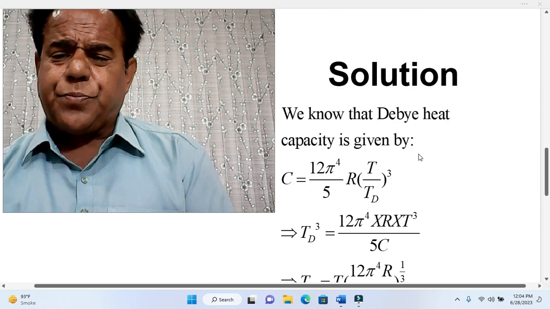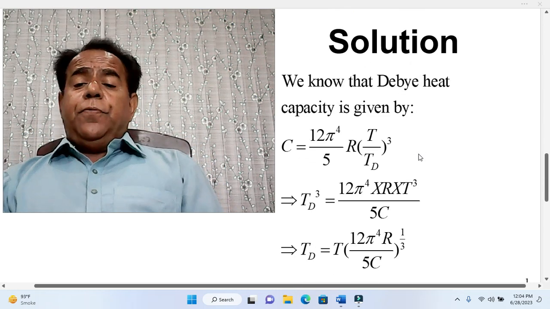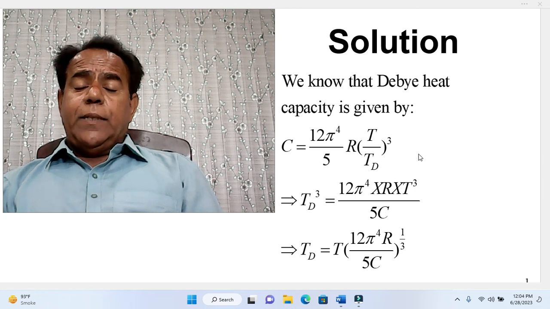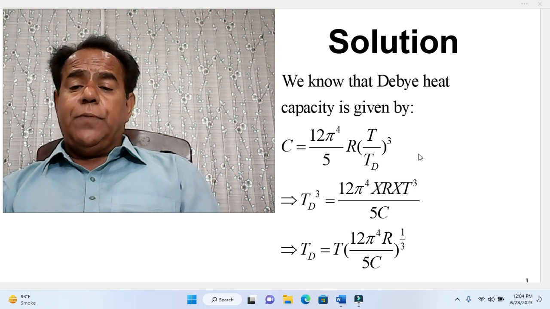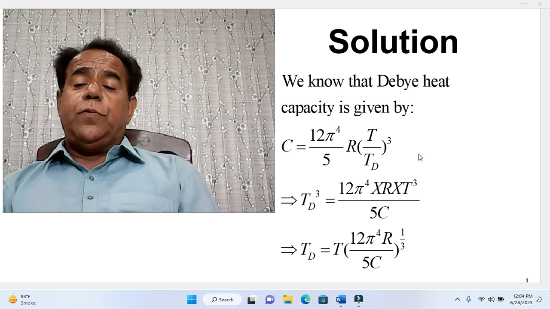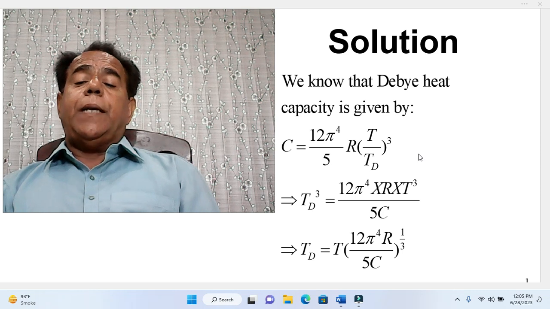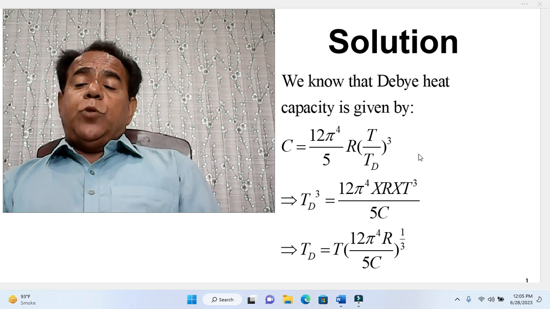Now we come to the solution. We know that Debye heat capacity is given by C = 12π^4 over 5 into the universal gas constant R into (T over T_D) whole raised to the power 3.